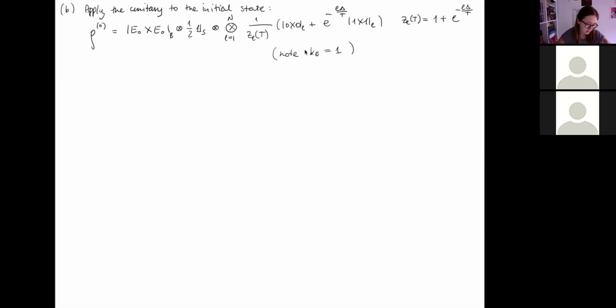Okay, and then we want to apply our unitary UL, which I'll rewrite here because we might need how it looks like. And the first step while I'm writing is that we will carry out the first unitary on our initial state.